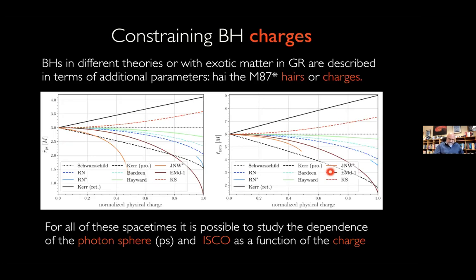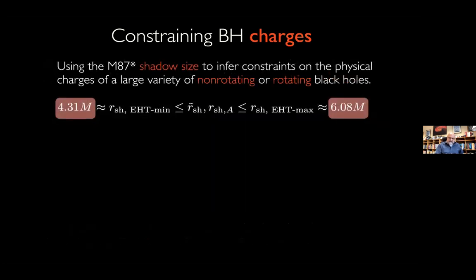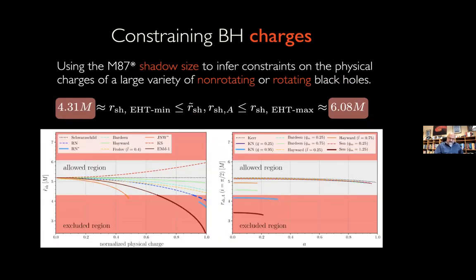And the same happens for the E-score. Now, given what we observed, you can set a size for the shadow radius, an upper limit and a lower limit. And then you can go back to this plot and just cut out this part of the region over here and this part of the region over here.